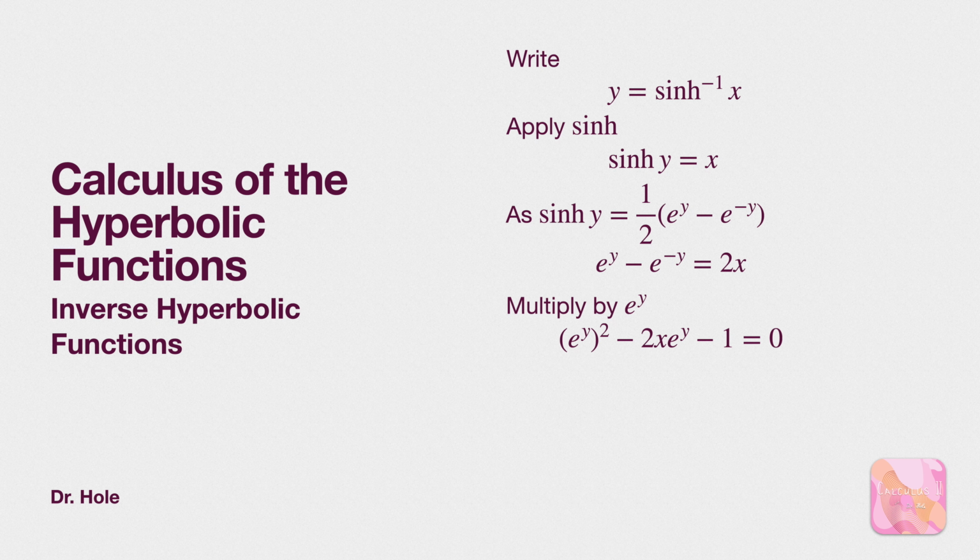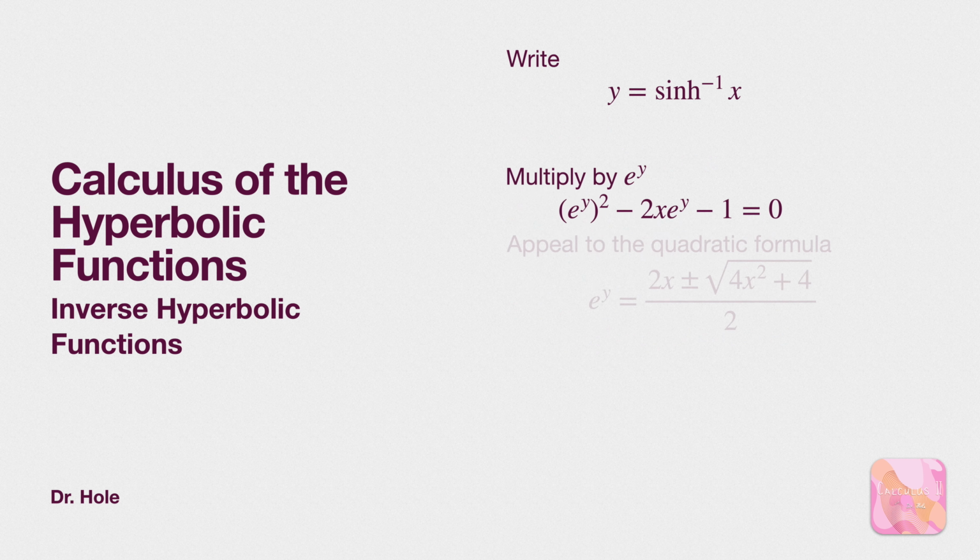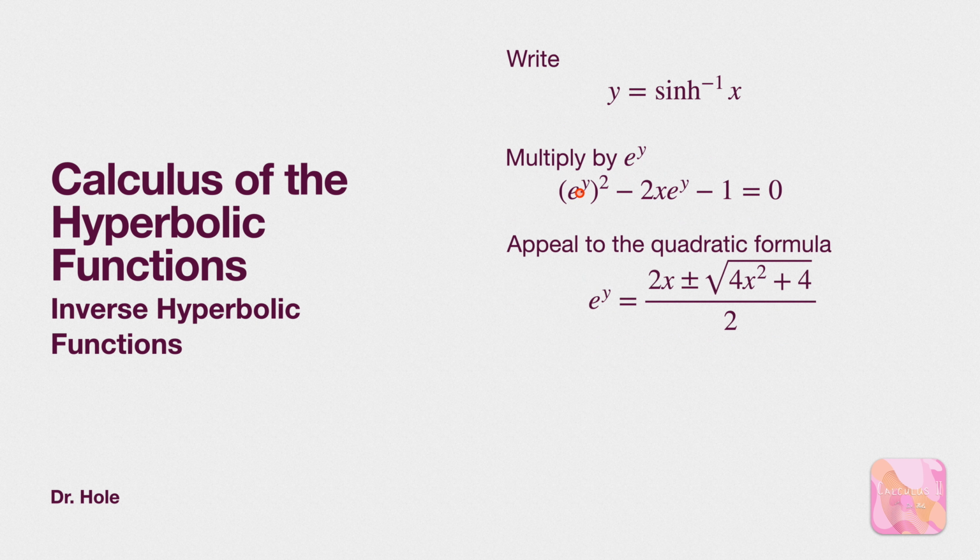Okay. Plug into the quadratic formula, and our unknown e to the y can be expressed out as 2x, so negative b, plus or minus the radical of 2x squared minus 4ac, just 4, all over 2a.